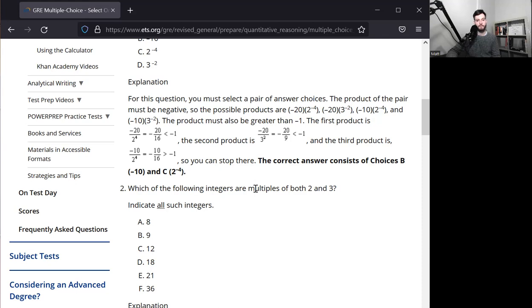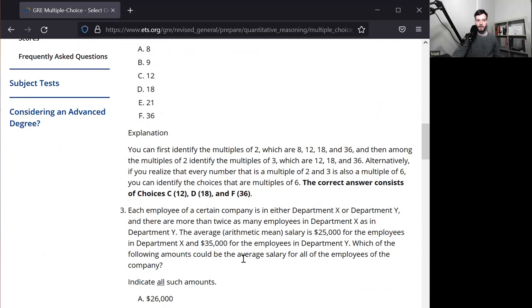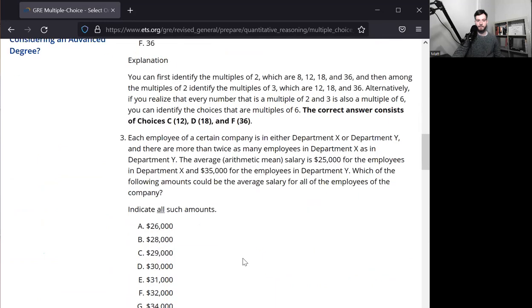Let's try 12. 12 divisible by 2? Yes. What about 3? Yes as well. 18? Also a yes. What about 36? Yes. C, D, and F are our final answers. All right. There you go. C, D, and F. Okay, let's keep going.